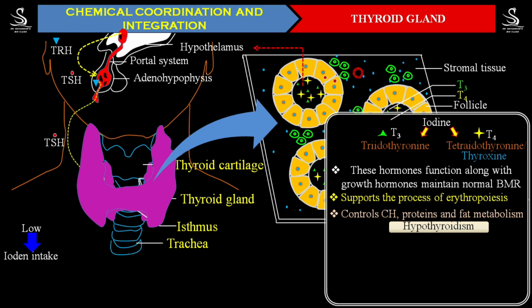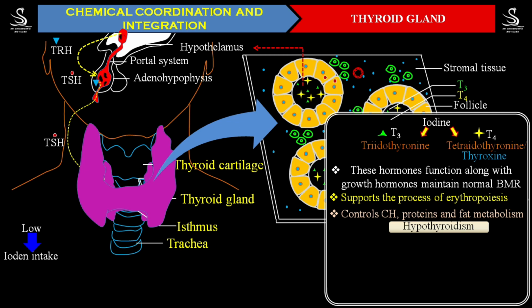Because of that, it will keep on secreting more TRH hormone, and that will act on the anterior pituitary gland. In response, the anterior pituitary gland will keep on secreting a higher concentration of TSH hormone. Then this TSH hormone will act on the thyroid gland and make it become more and more active. Due to that, thyroid gland enlargement occurs in hypothyroidism.